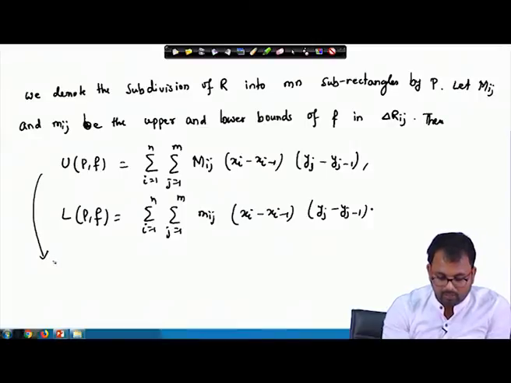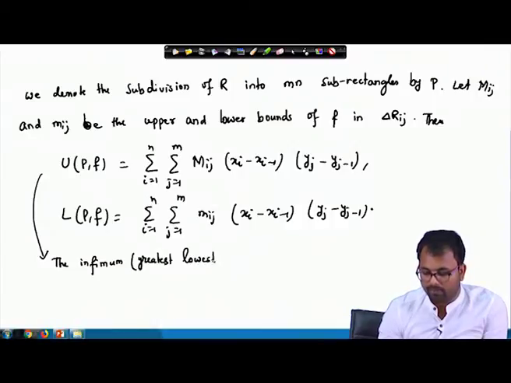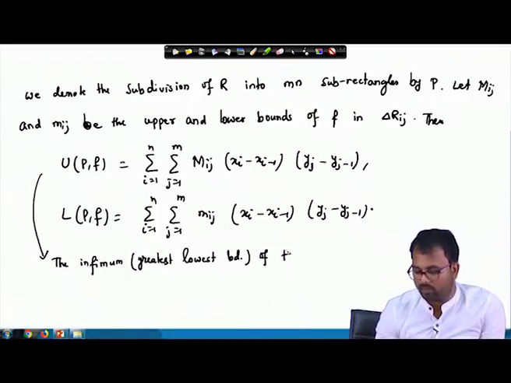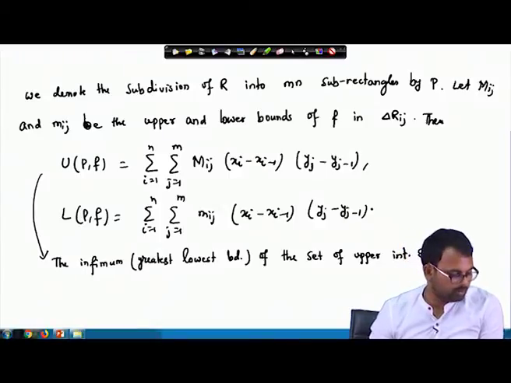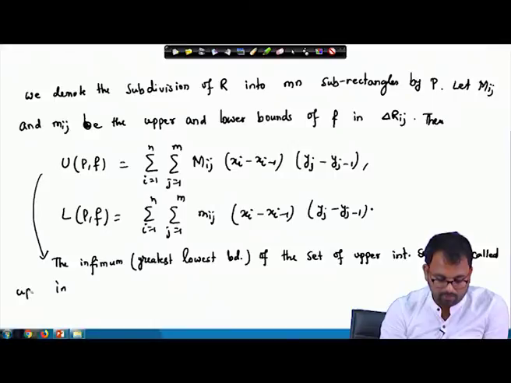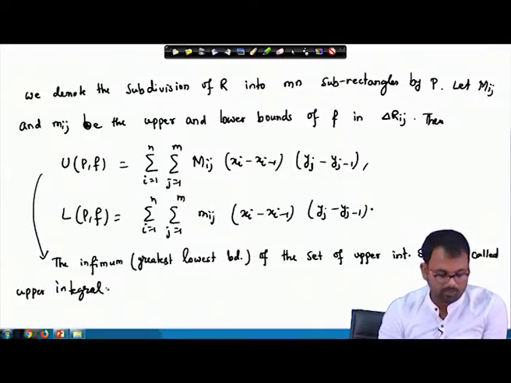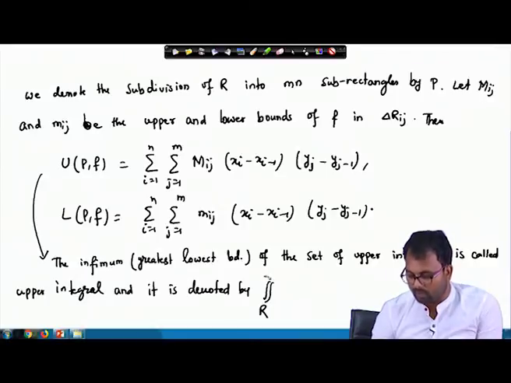So, here we will have the infimum or greatest lower bound of the set of upper integral sums, which is called the upper integral, and it is denoted by the integral over R, upper integral, f x y dx dy.